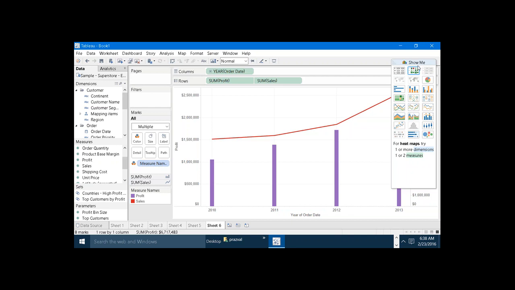So the next type of charts, let's take the circle chart.